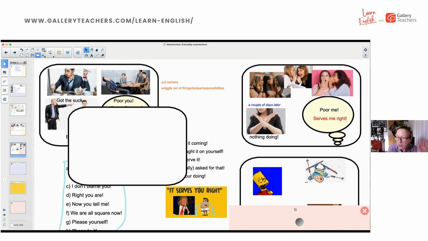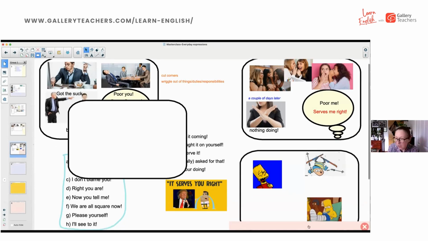And then 2 weeks later, this is what happens. Now Bart obviously is going to pity himself and ask people to pity him, but all these people are going to say, sorry, serves you right. I've seen you laugh at that poor chap. Now it's your turn. Serves you right. You deserve it. That's it. So a very, very nice expression.